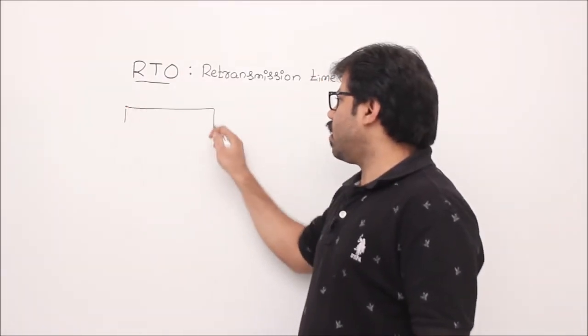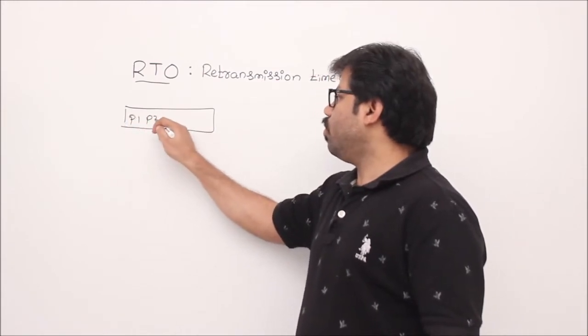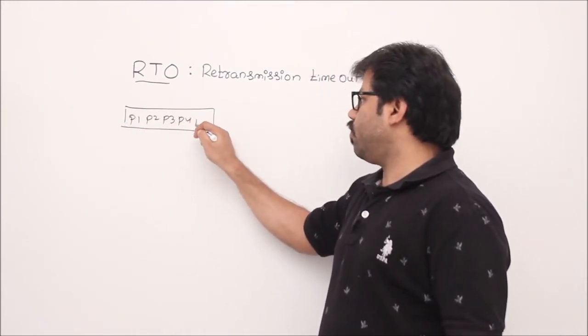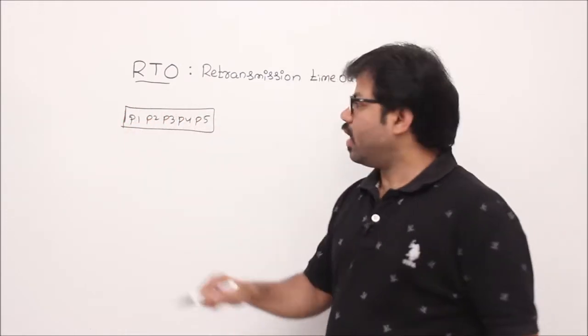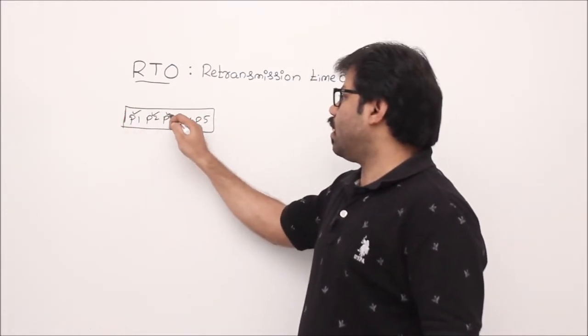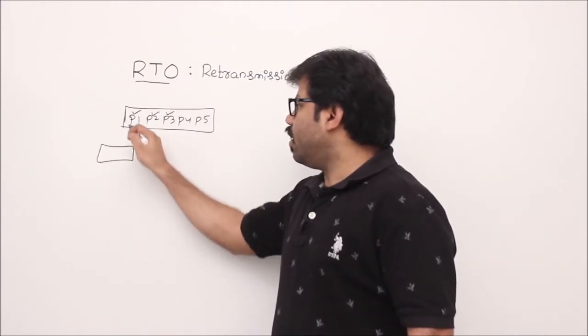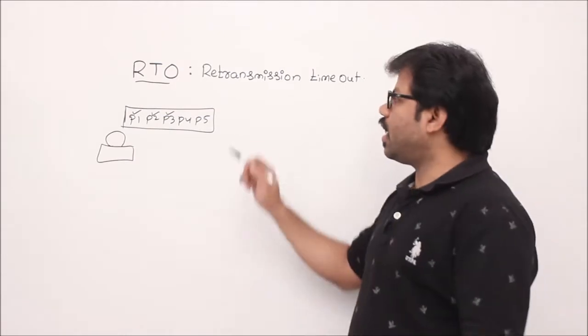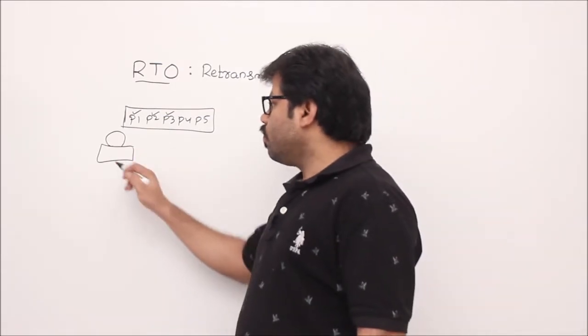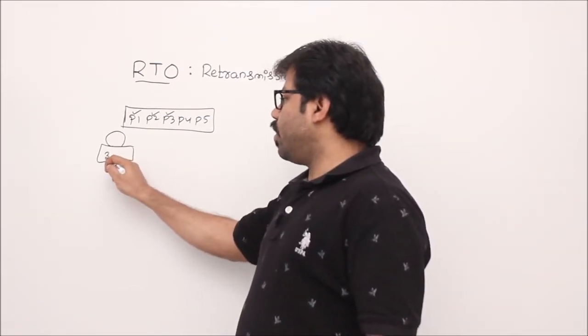Example, this is your set of packets P1, P2, P3, P4, P5 in the window which are not acknowledged so far. Let's say you already sent P1, P2, P3. While sending P1, immediately open one timer. There will be only one timer, the retransmission timer, RTO. Let's say the timer's value at this moment is 30 seconds.